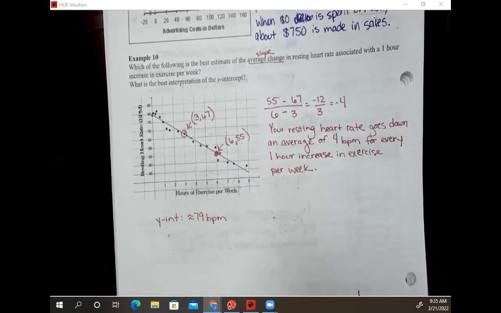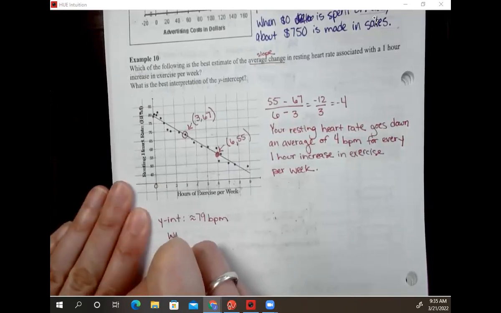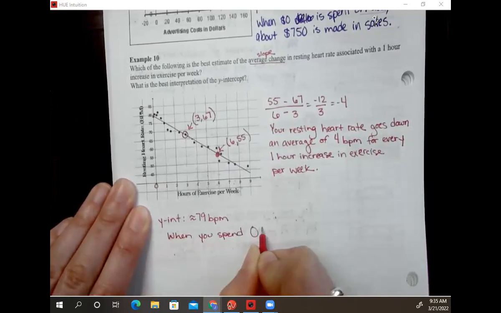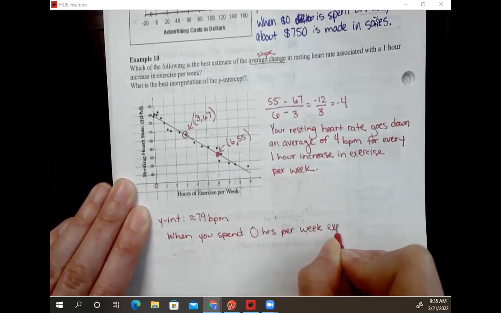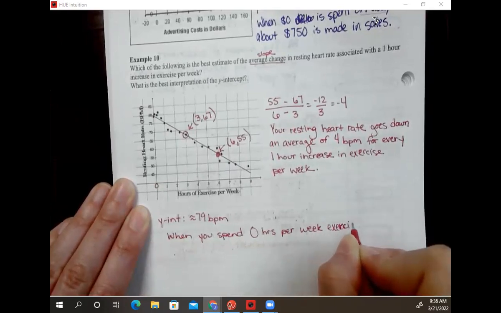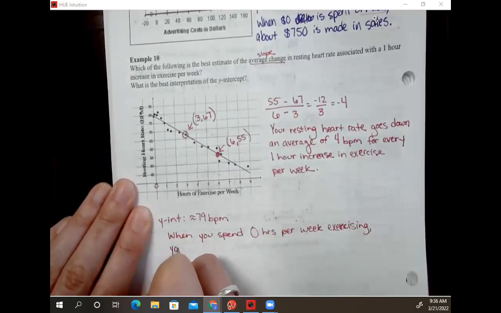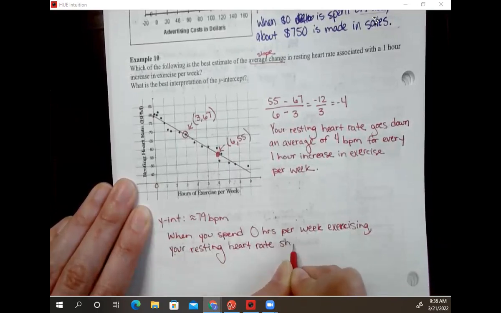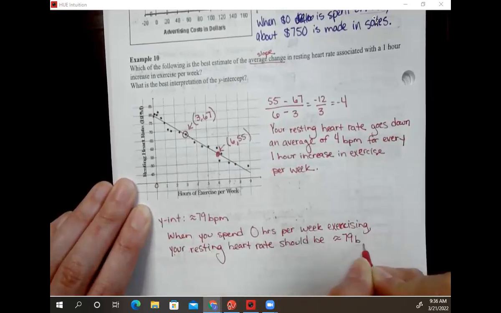So this means that when you spend 0 hours per week exercising, your resting heart rate should be approximately 79 beats per minute.